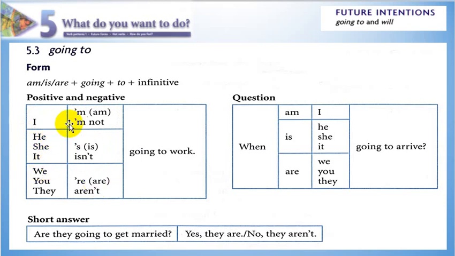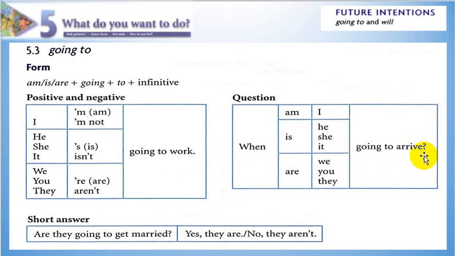In negative form, I'm not, she isn't, she is not, you aren't, you are not. Okay, I'm not going to work. كما قلنا الفاعل verb to be, going to, والverb بصيغة المصدر. In questions, as we already said, first the question word, then the verb to be, am, is, are, subject, بعدها going to, والverb. When is he going to arrive?